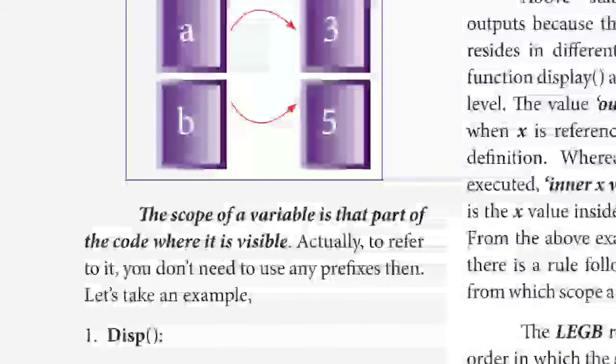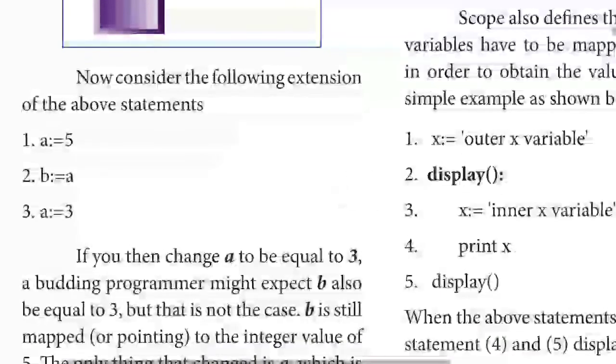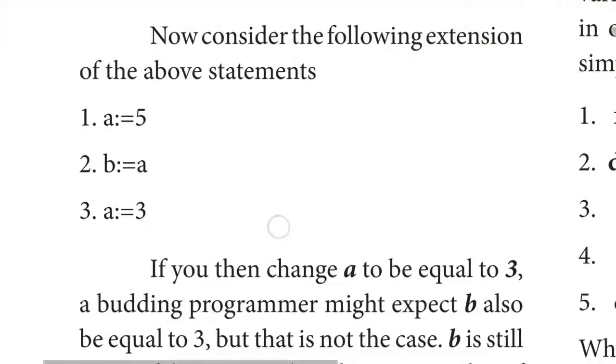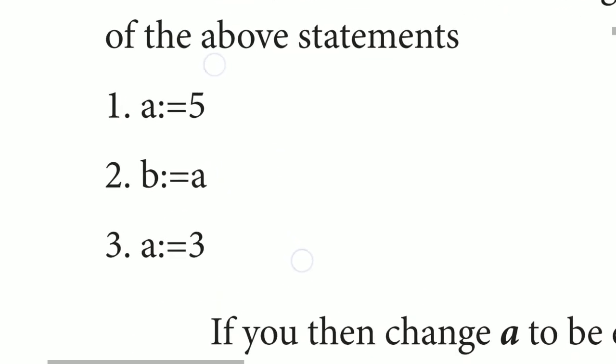The scope of a variable is the part of the code where it is visible. Here you can see that it is a bit confusing. So a is equal to 5 in the first step. In the next step, b is equal to a. Now they are indirectly providing b is equal to 5.